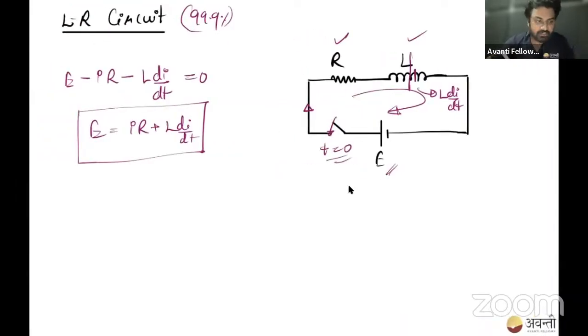If I change it a little bit and bring this here, it will be E minus IR is equal to L di by dt. Please pay attention to the derivation.